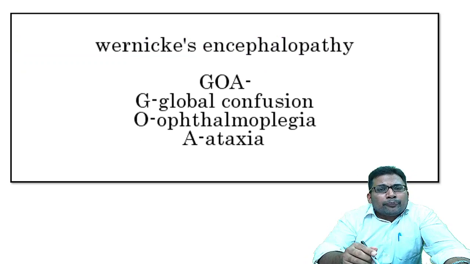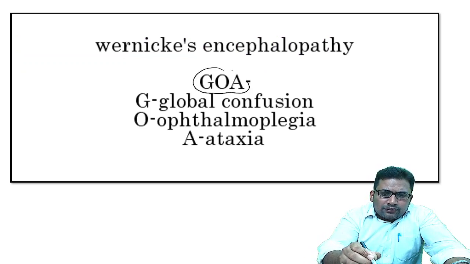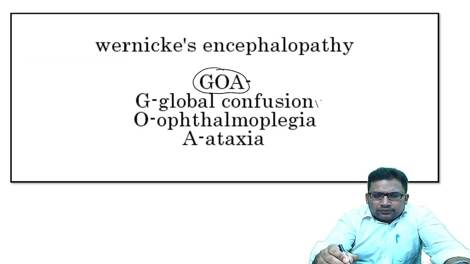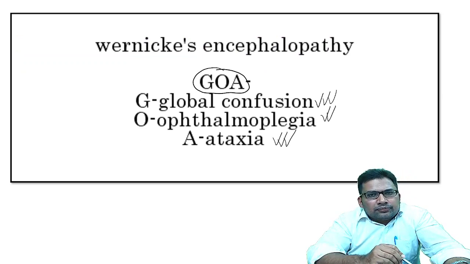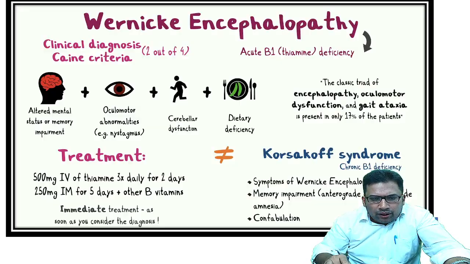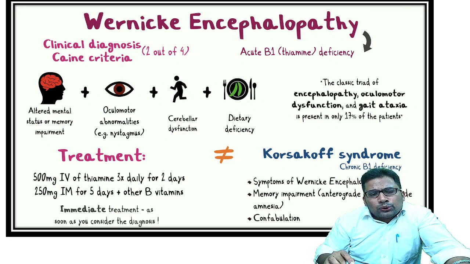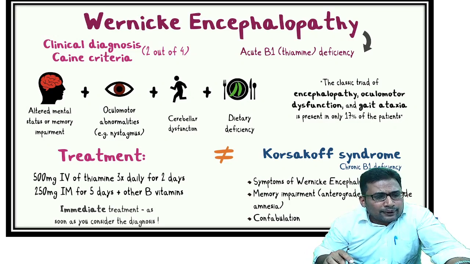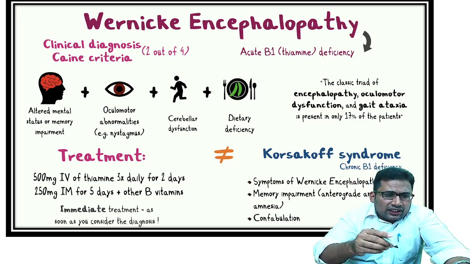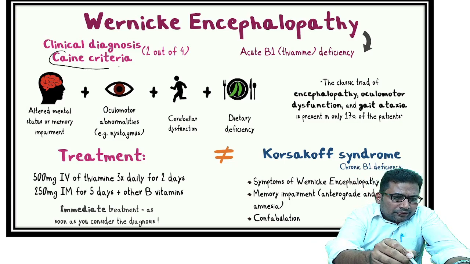So Wernicke encephalopathy is equal to GOA: global confusion, ophthalmoplegia and ataxia. Okay. Wernicke encephalopathy. There are 4 important signs and symptoms for clinical diagnosis, known as Caine criteria.